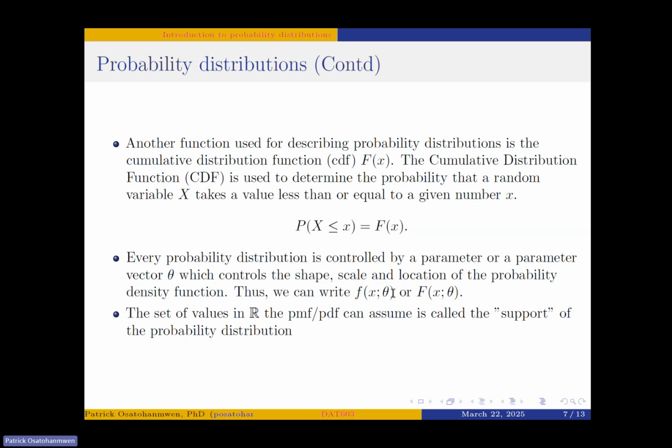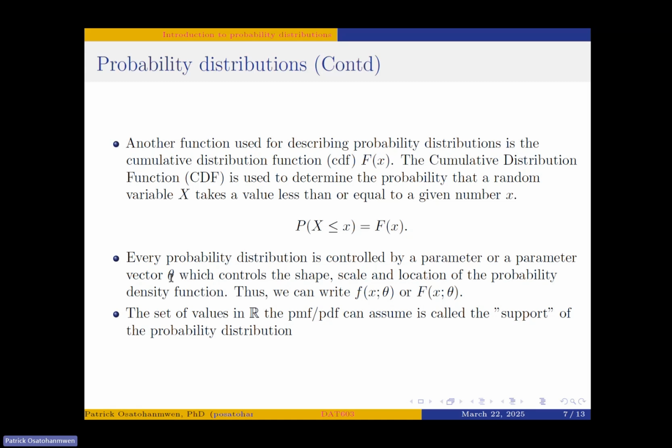So every probability distribution is controlled by a parameter vector, or a parameter if it is just one. If the number of parameters is 2, we say it's a parameter vector, that is, theta becomes a vector that contains these two or more parameters.